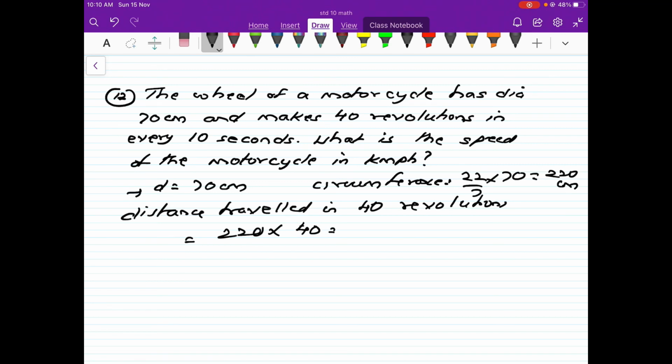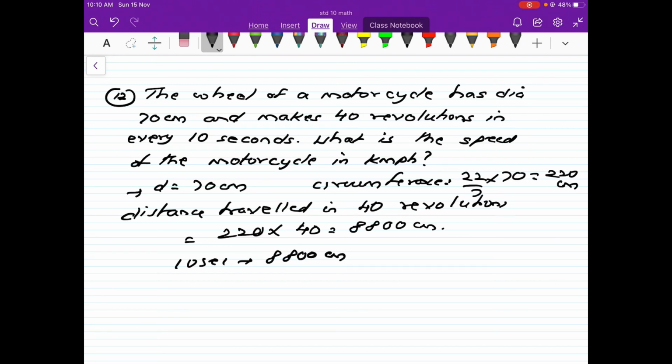Now this is how much? 8800 centimeters. So for every 10 seconds it is traveling 8800 centimeters.